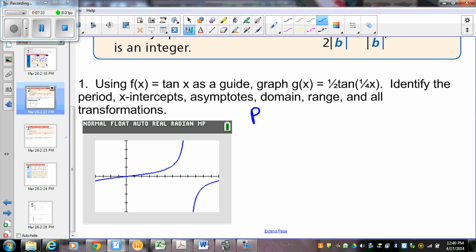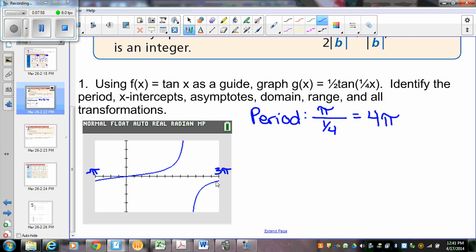So my period now, rather than it being pi units before I repeat, is going to be pi divided by the coefficient in front of the x. So that becomes a period of 4 pi, which if you look at this, if my window goes from negative pi to 3 pi, that is a full length of 4 pi.